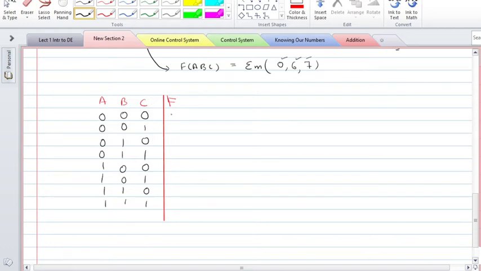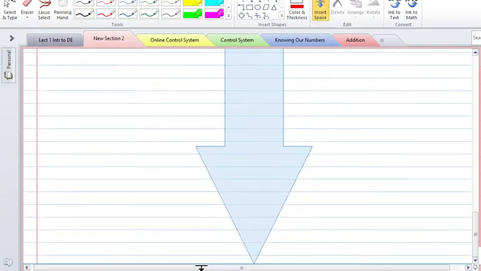For the rest of the combinations, the function will be 0.